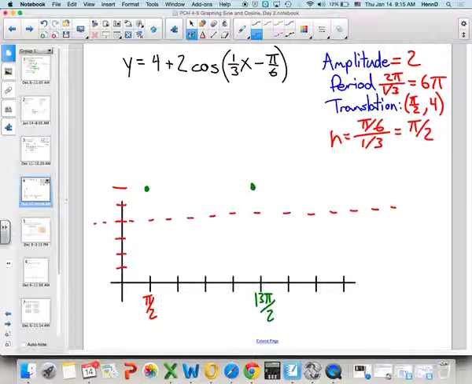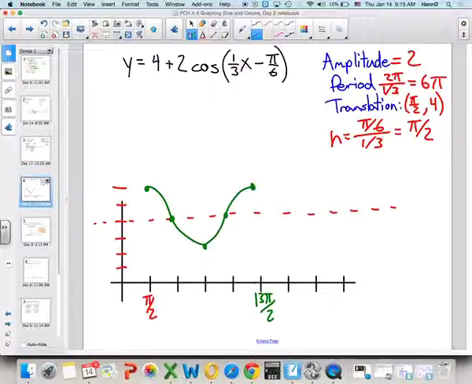So you're going to have to think about these x's particularly. Halfway between, I'm going to be here, and I'm only going to be at 2 instead of 4, because I'm at the bottom. Halfway in here, I'm going to be there, and halfway here, I'm going to be there. So there's my curve. Really, the most challenging part here, guys, is labeling your x-axis.